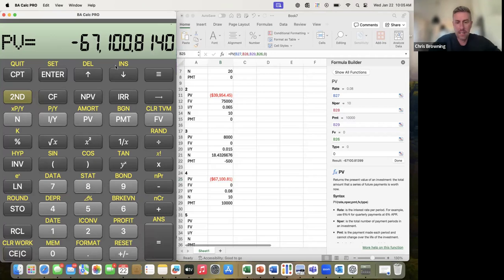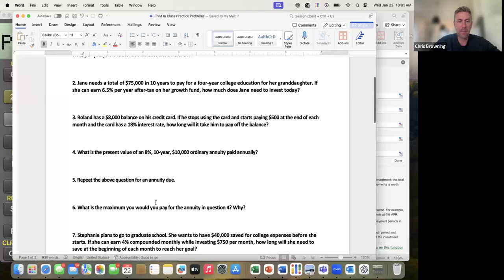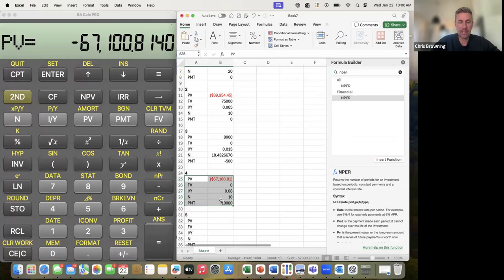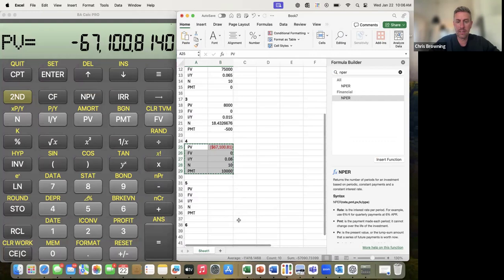All right. So now let's take a look at number 5. Number 5 says, repeat the question above for an annuity due. All right, no problem. Here, I'm just going to copy this. If you're using a Mac, that is Command C. If you're using a Windows product, that is Control C. And then I'm going to come down here and paste it.